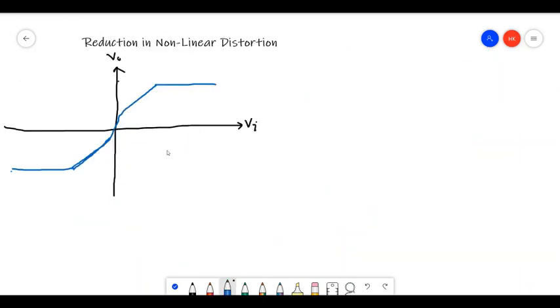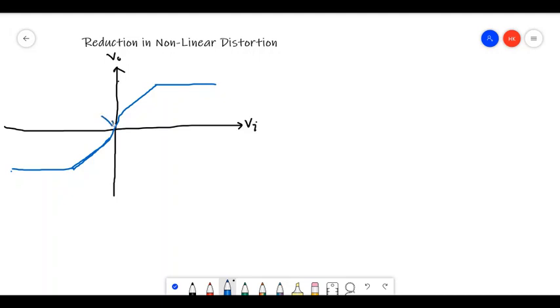Okay, so the fourth property of negative feedback systems is the reduction in nonlinear distortion. If we take the transfer characteristics of an amplifier, output voltage versus input voltage, this graph is a piecewise linear function.